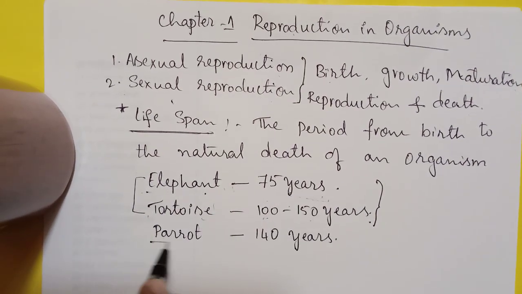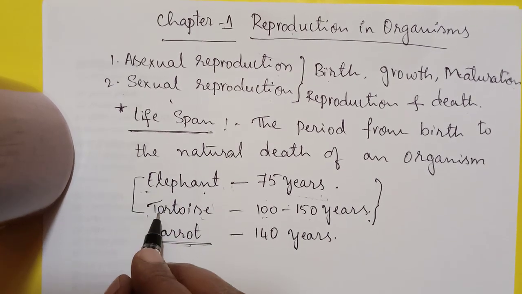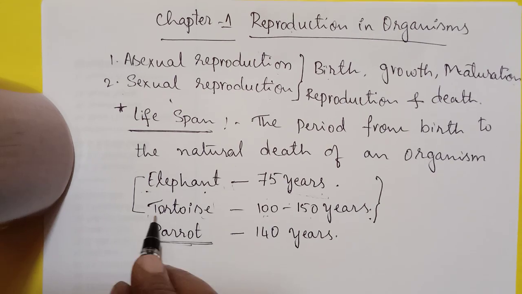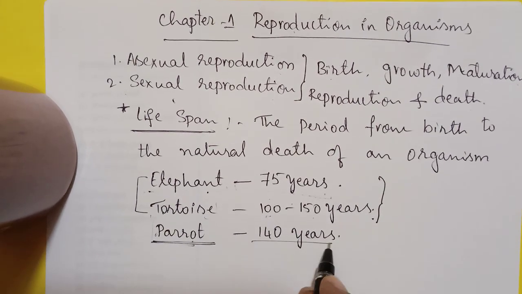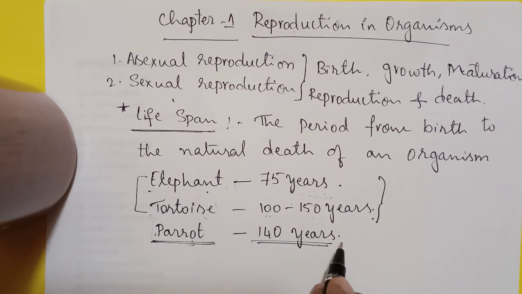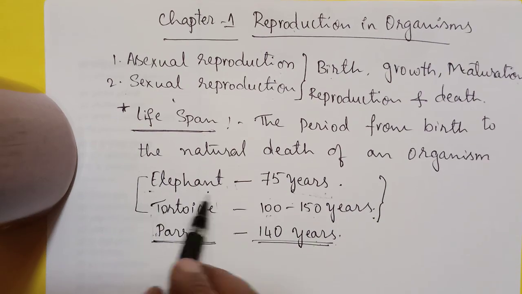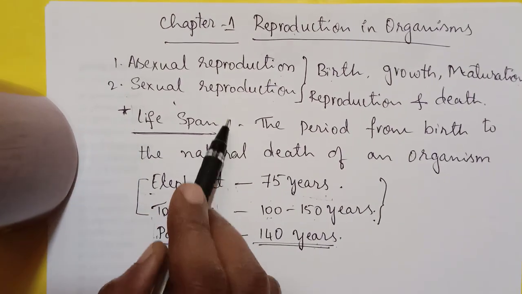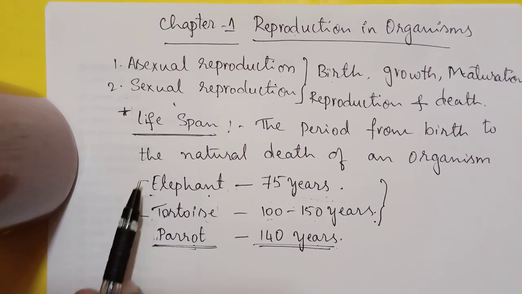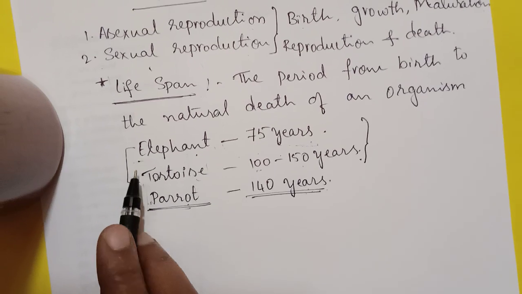The parrot is a very small bird, so it has a lifespan of about 140 years. That means the size or the complexity of an organism does not decide its lifespan. In this way, each organism on this earth has its own lifespan.